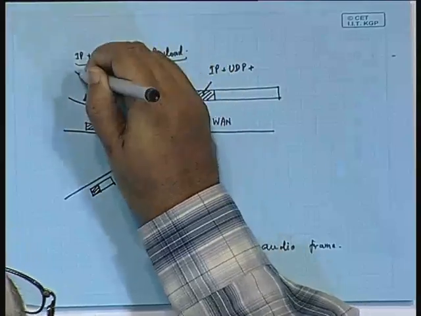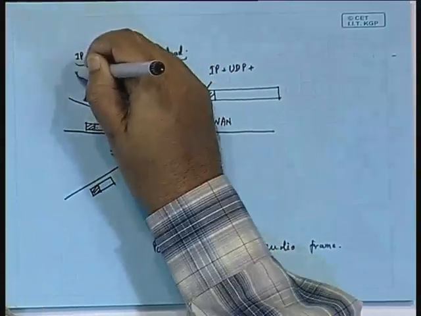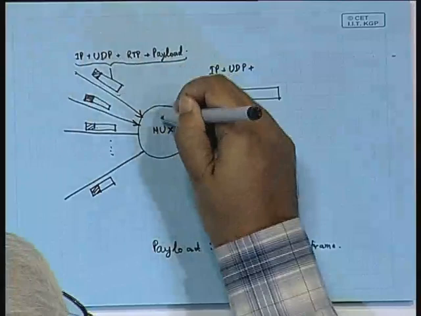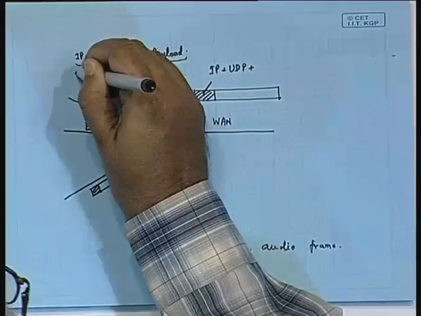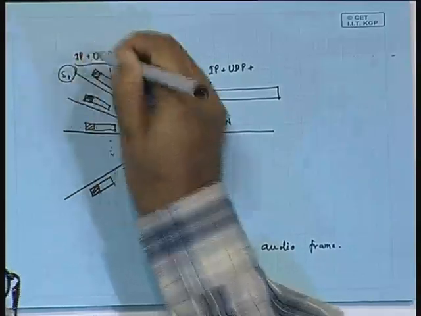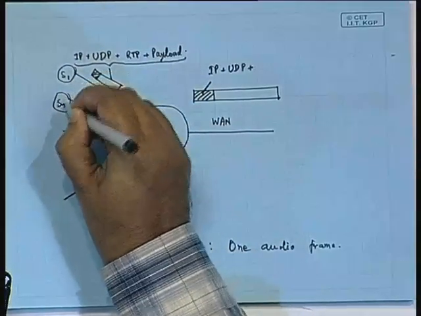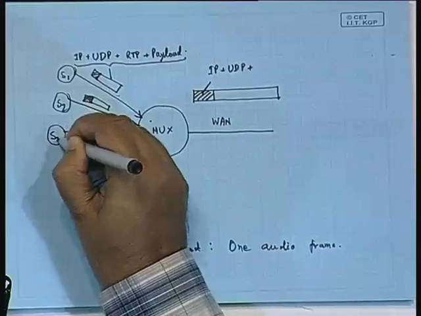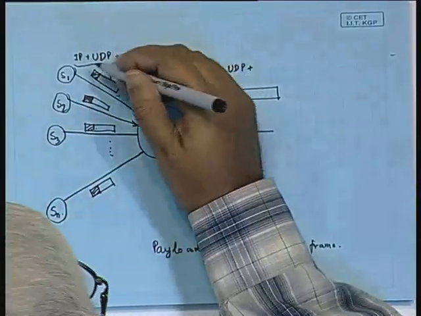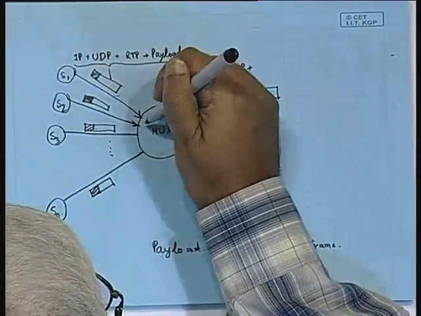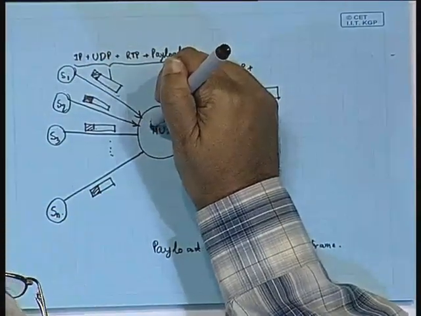this IP and UDP header will be pertaining to the source, and you can that time use this as the destination. So, from the individual source, supposing this is source S1, this is S2, S3 and up to Sn, we consider n number of sources. Now, whenever we are considering S1, the destination is this multiplexer.